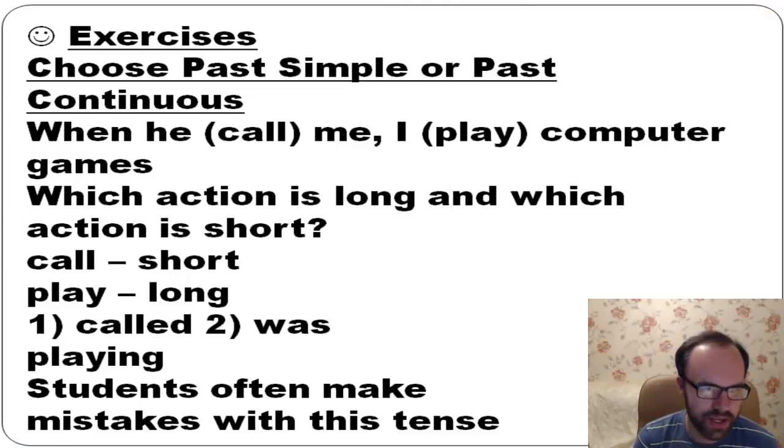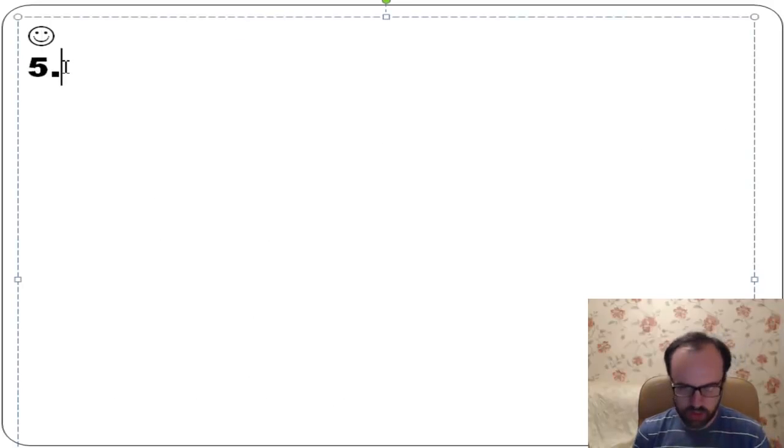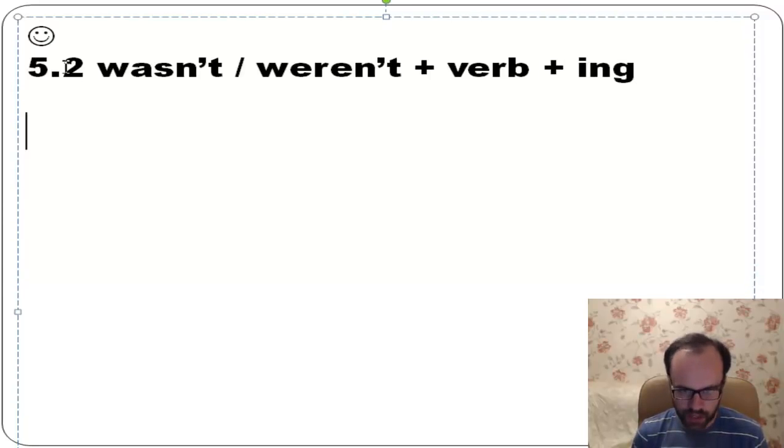So what is next? 5.2. How to form a negative form. So it's easy. You see. So wasn't or weren't plus verb plus ing, and how to ask a question.